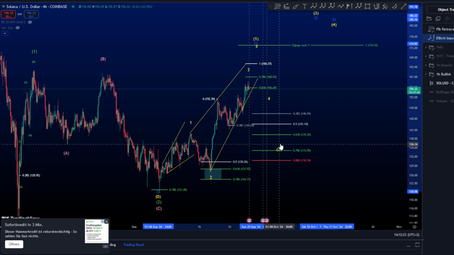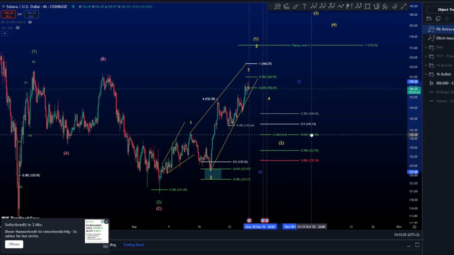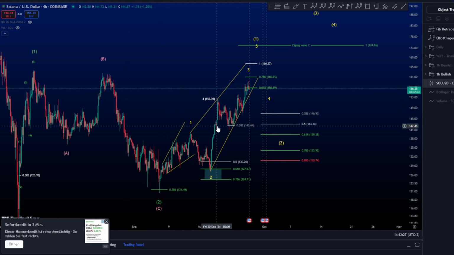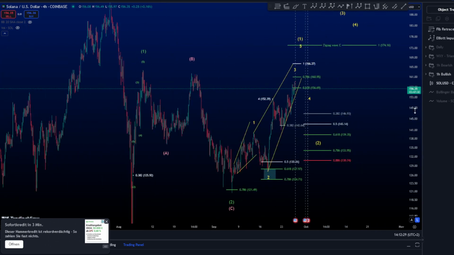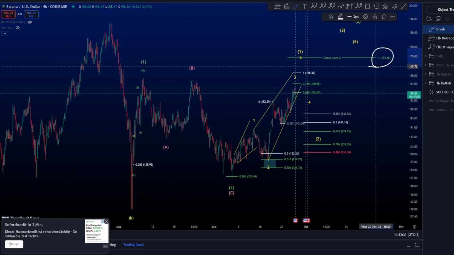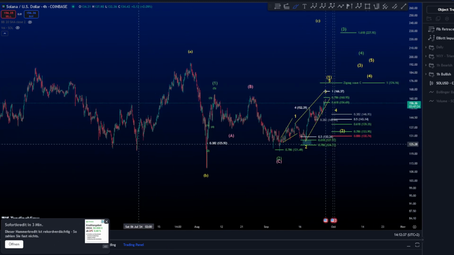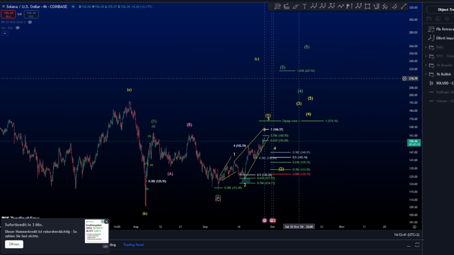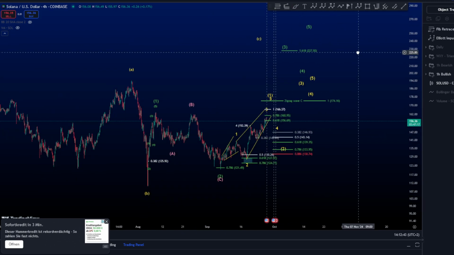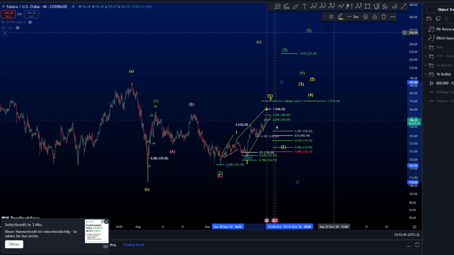As you can see, guys, we are very bullish at this moment in Solana. Preferably, we hit the first target of the wave C. Second target is your wave ABC as an expanding flat somewhere. And at the same time, this is going to be almost your wave 3 as well.